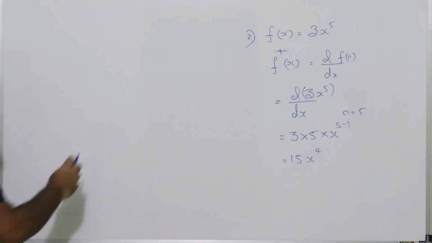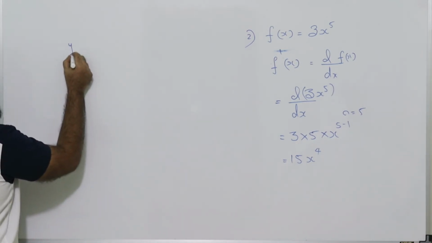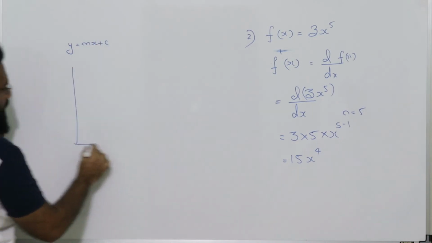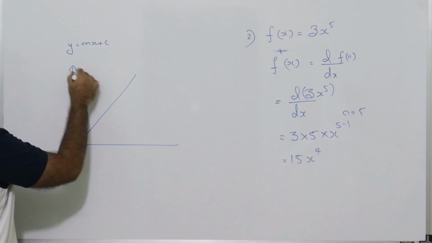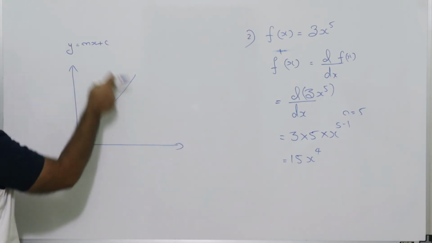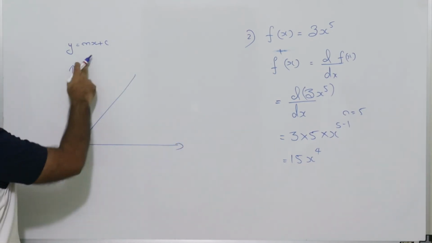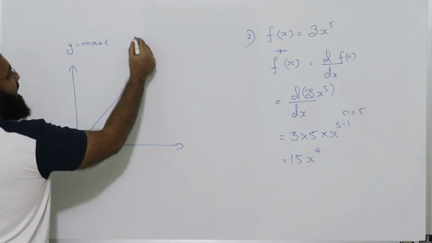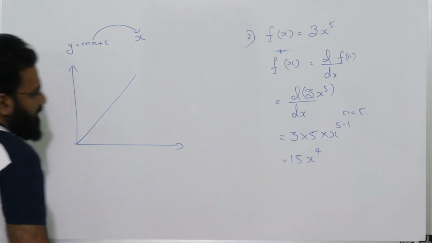Okay, look here. The formula of a straight line is y is equal to mx plus c. Suppose you draw a graph and draw a line, this is the formula of this straight line. Clear? So you can see, for a straight line, x came.